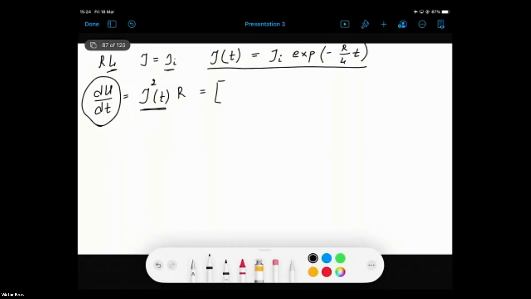It will be I initial times exponent minus R over L times t, in second power, times resistance R. Eventually we get I initial second power times R times exponent minus 2R over L times t.